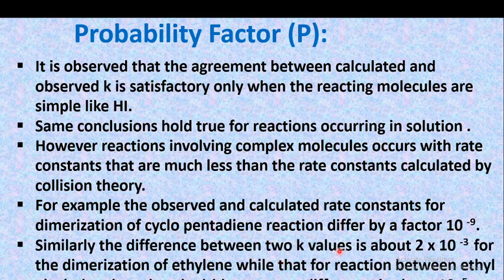Similarly, the difference between the observed K, that is the specific reaction rate, and the calculated specific reaction rate is about 2 into 10 raised to minus 3 for the dimerization of ethylene, while that for the reaction between ethyl alcohol and acetic anhydride vapors is about 10 raised to minus 5.